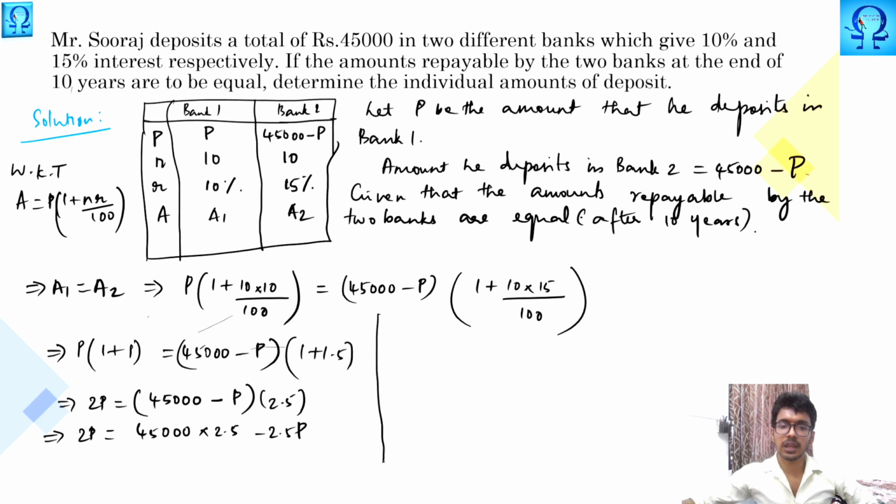You may now take everything with the value of P to one side, so you get 2P plus 2.5P. Just a minute, I'm not doing anything new, I'm just rewriting things to make use of the space available here.